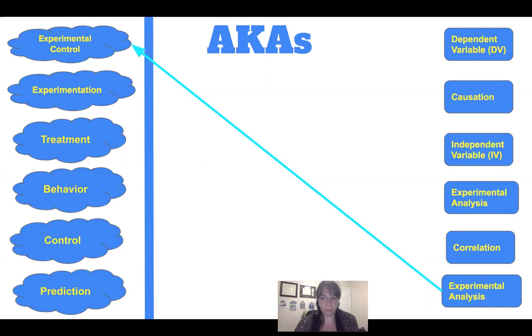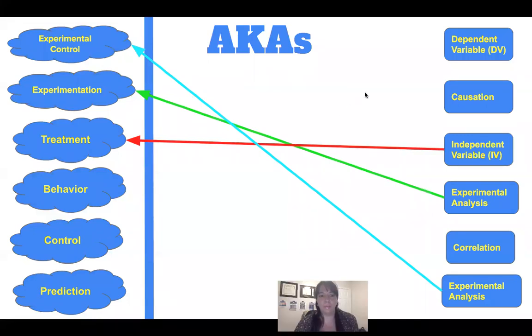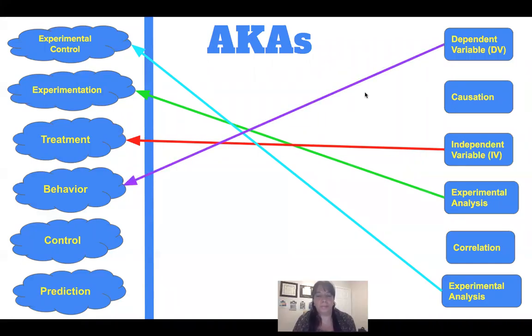Experimental analysis, yeah. Good job. Perfect. It's trying to trick you guys. Treatment. Independent variable. Very good. All right, next one. Behavior. Dependent variable. Good job. Control. Correlation.